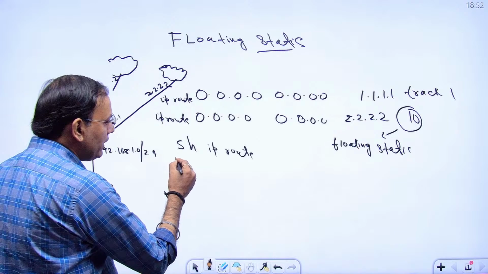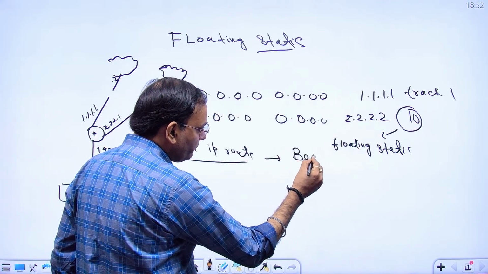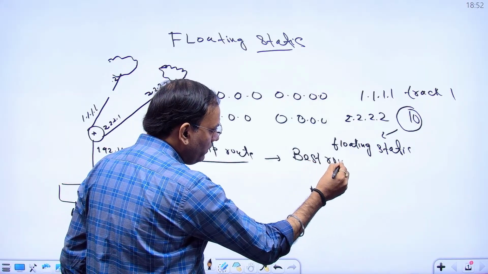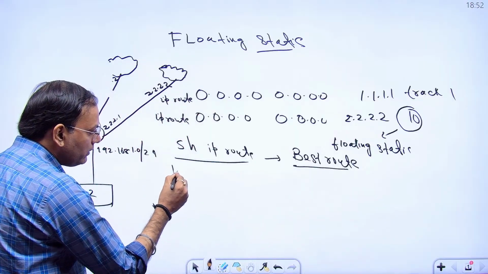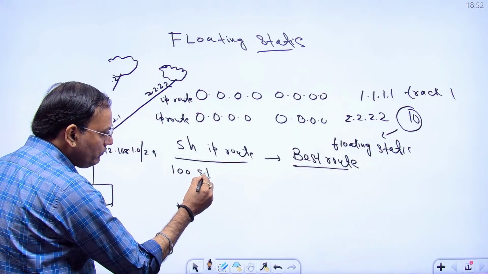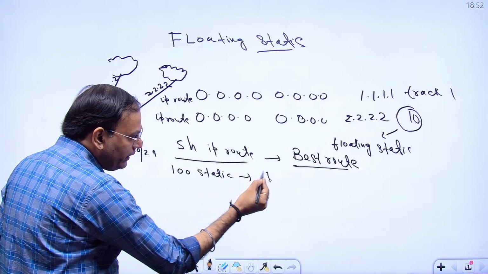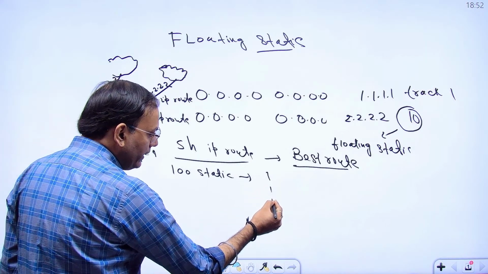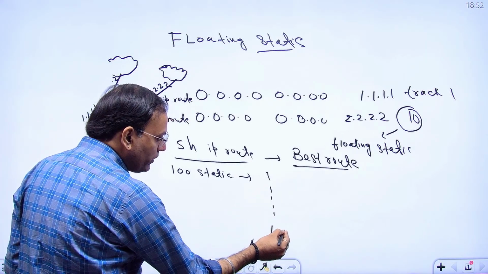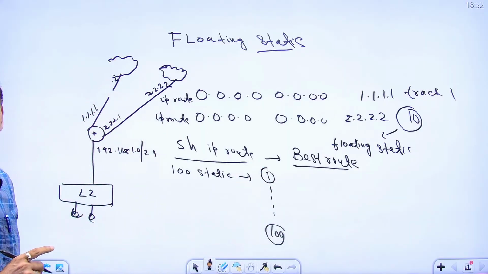In show IP route, the router will always install the best route. It means if we have 100 static routes configured on your router, the least one has an AD of 1, and the router will always install the best route, meaning only one route gets installed.